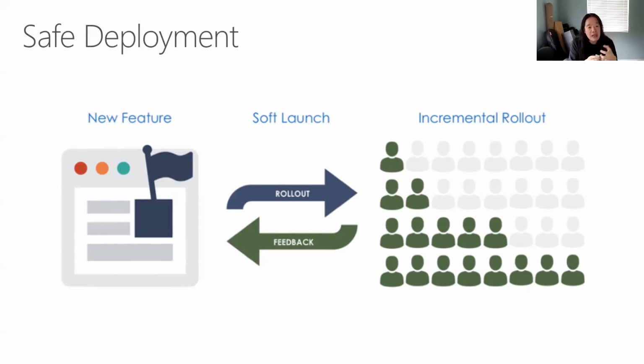And if all of that looks good, you can turn it on for 10%, 20%, and incrementally roll out your new feature to everybody. So if something bad happens, you're not affecting everyone all at once. So safe deployment, feature flags make it really, really easy to do. And I'll show you in a little bit how you can set that up.